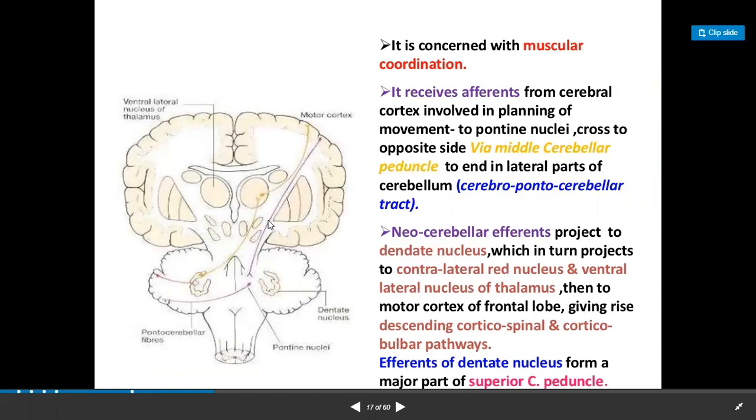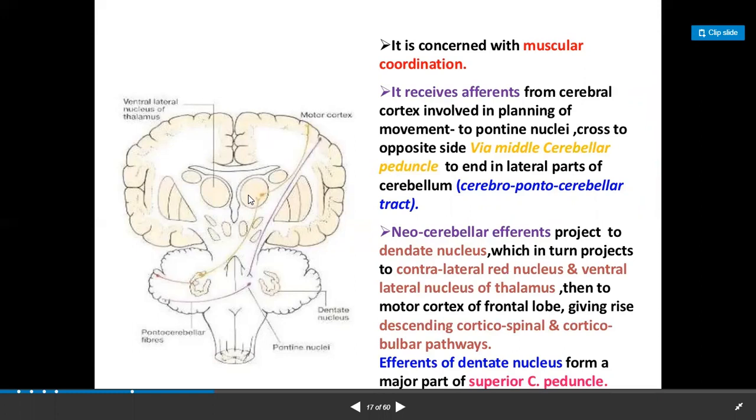Then, to end in the lateral parts of the cerebellum, you call it the cerebropontocerebellar tract. That means it starts in the cerebrum, passes via the pons and ends in the cerebellum. Hence you call it the cerebropontocerebellar tract.